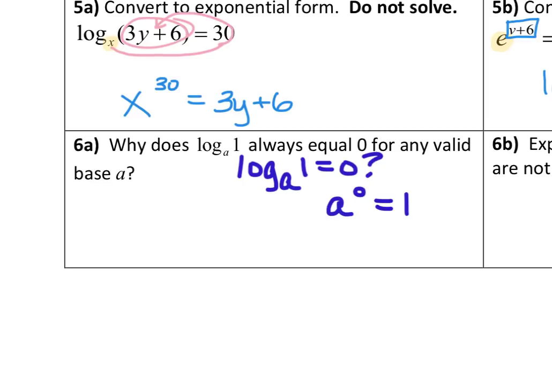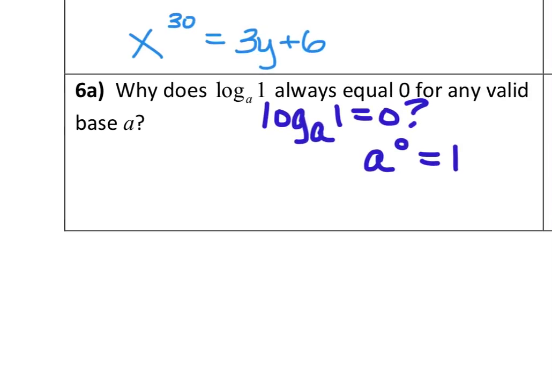The implication here that I didn't put in the directions is that I want this written as a sentence.